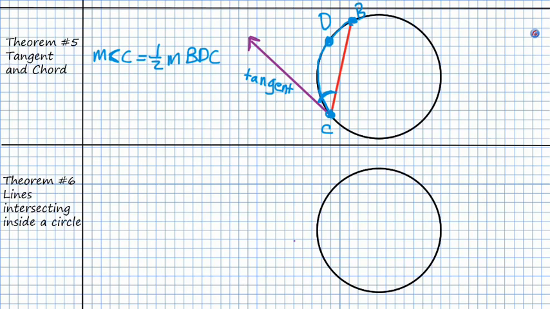So if I say that the measure of arc BDC is equal to 90 degrees, then my measure of angle C is equal to 45 degrees.